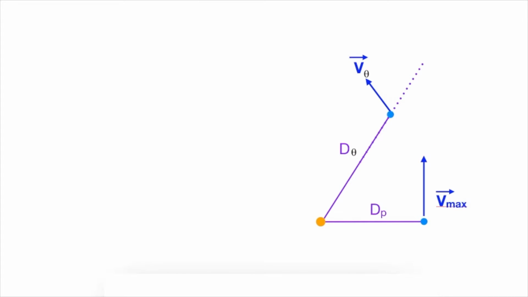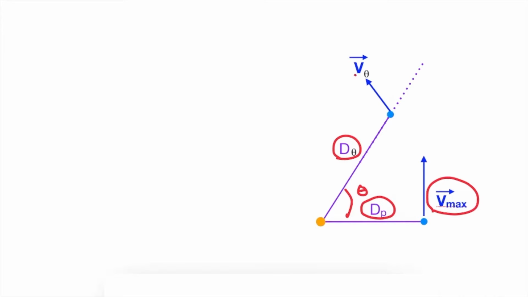Okay, so let's define our task. We're given Vmax for the planet at perihelion, and we are given its distance from the Sun, that is dp, and we want a formula such that for any given theta, we can derive d sub theta, the distance of the planet from the Sun at that point.